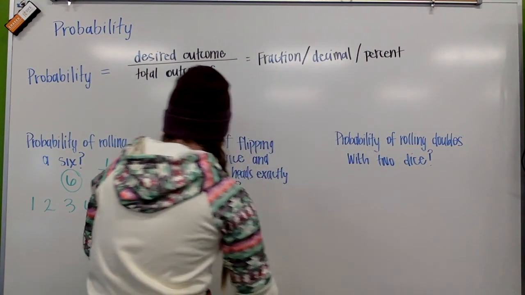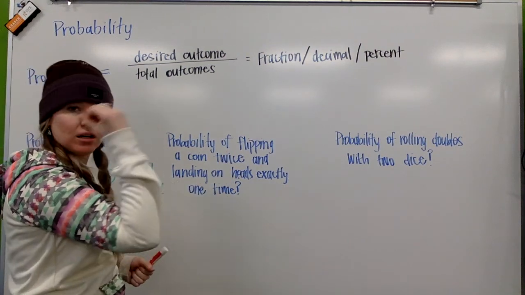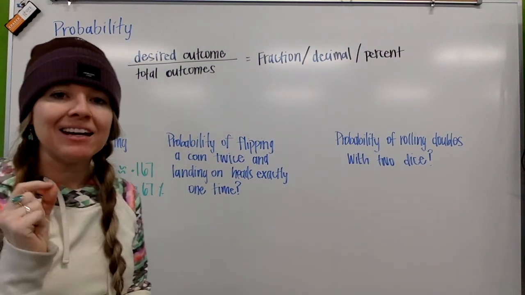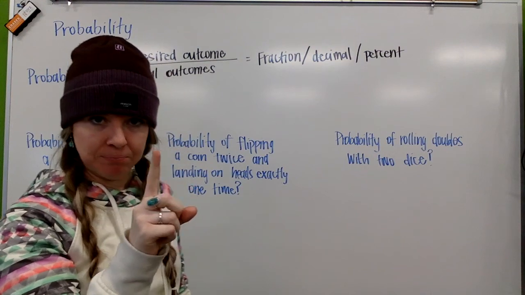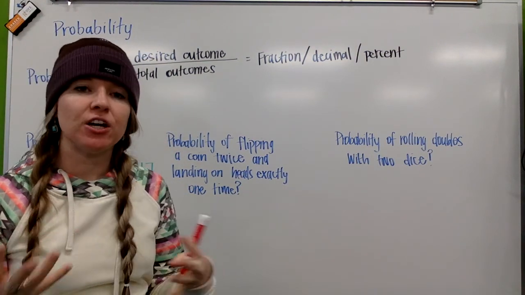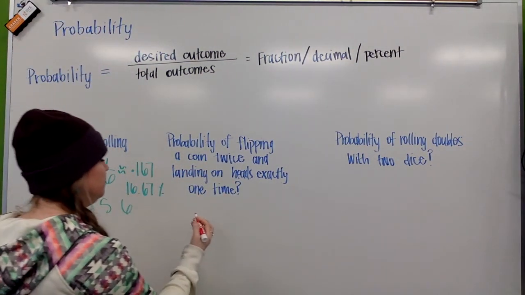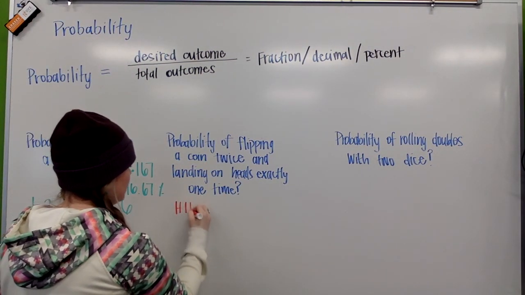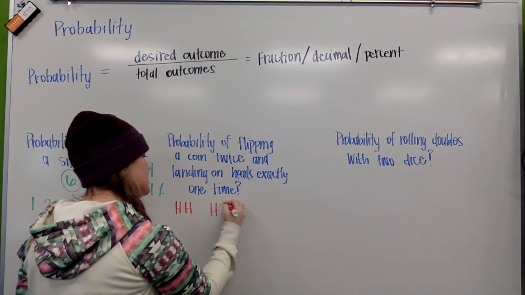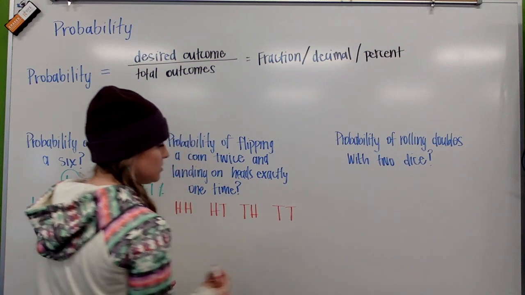All right, our second example. What's the probability of flipping a coin twice and landing on heads exactly 1 time? So just like we've done before, we might need to figure out what our sample space is. How many options do we have? So we know we could get heads, heads; heads, tails; tails, heads; tails, tails.